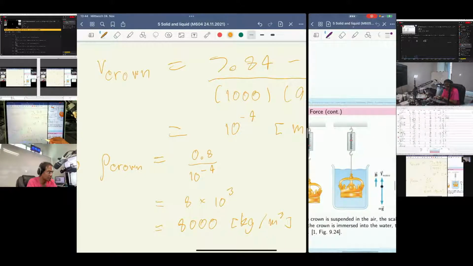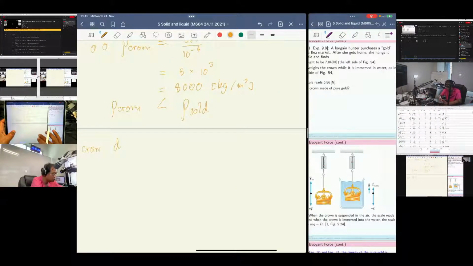This purchase is not good at all, because what you get is not what you expect, because the crowd density is not exactly the pure gold density.